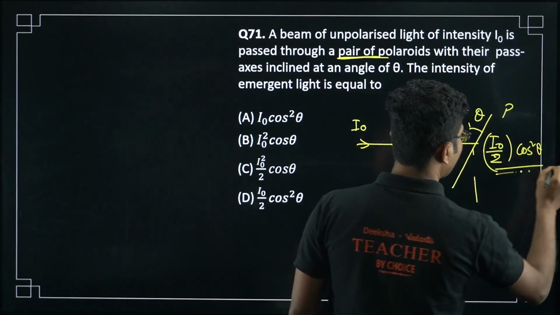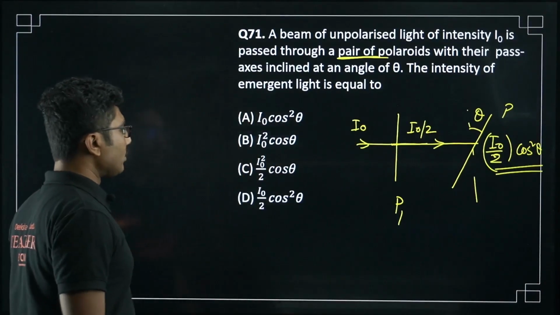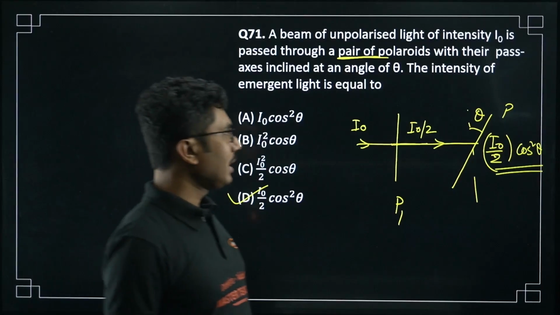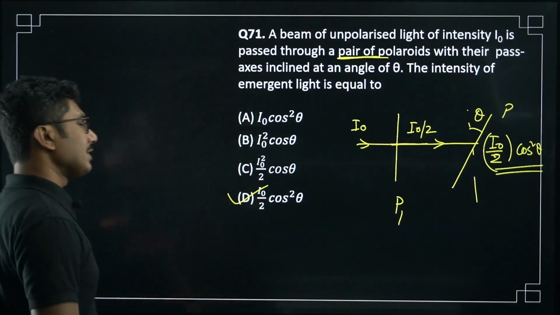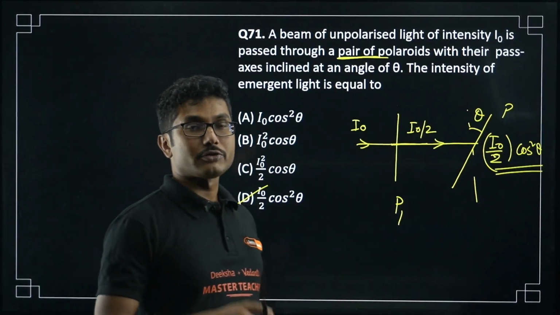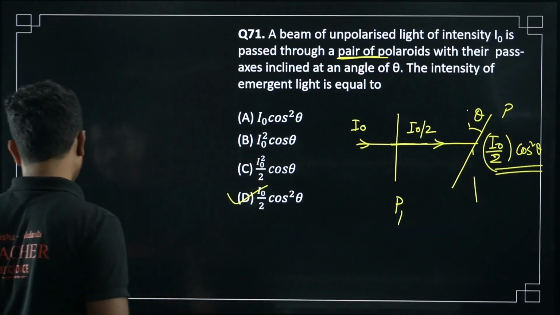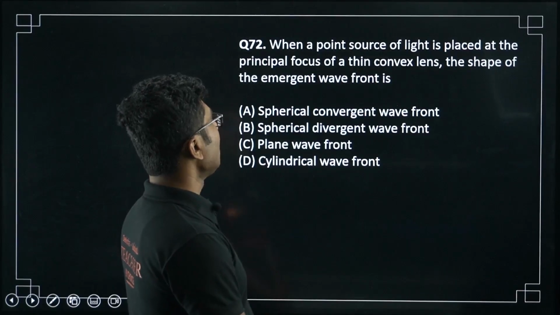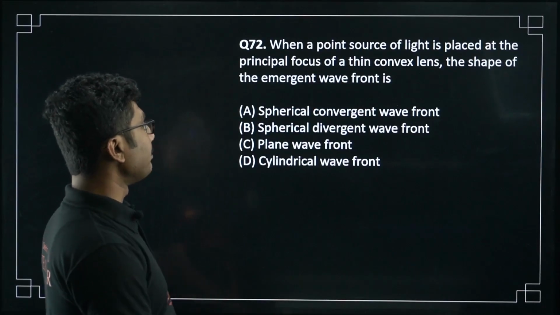This is Malus law. So I naught by 2 into cos square theta is the answer. This is a very interesting question. Based on this, even KCET questions come, but those will be a little longer and more complicated, but don't worry, we will solve some questions on that also. But this is a very, very common and important question.